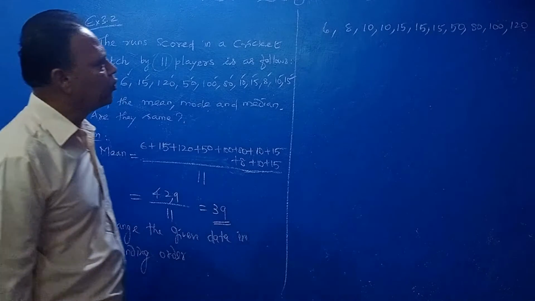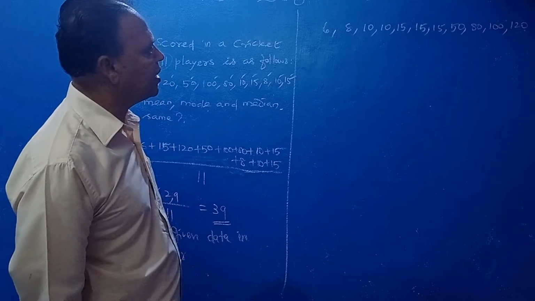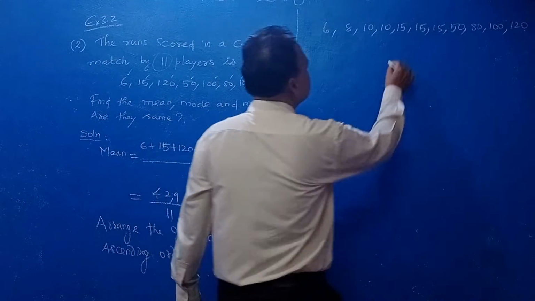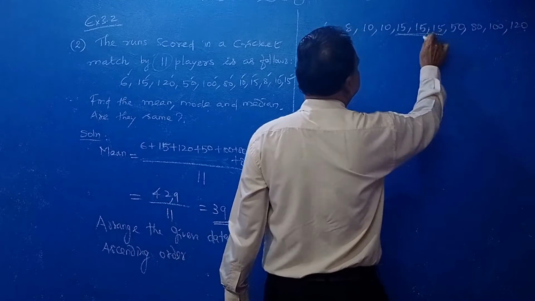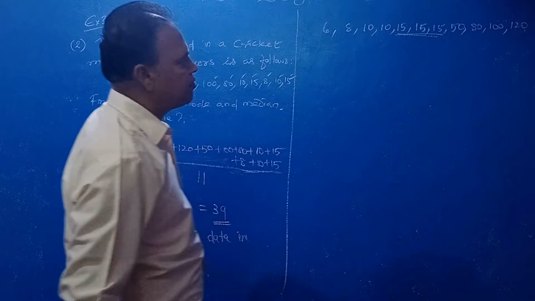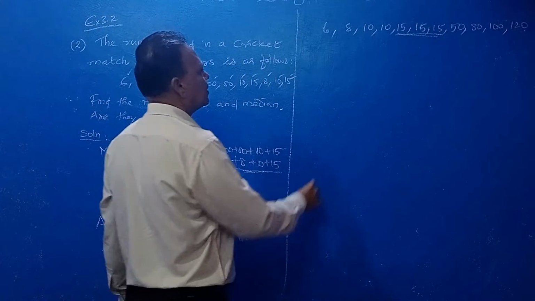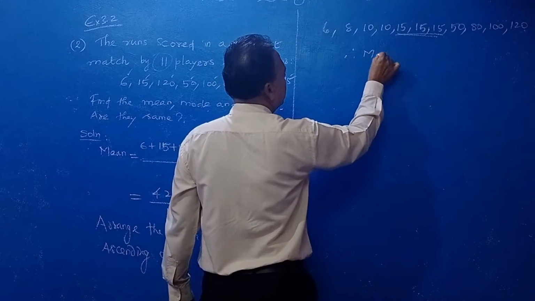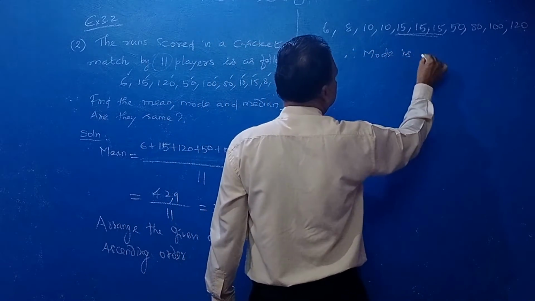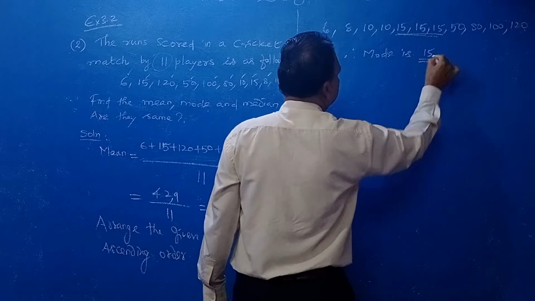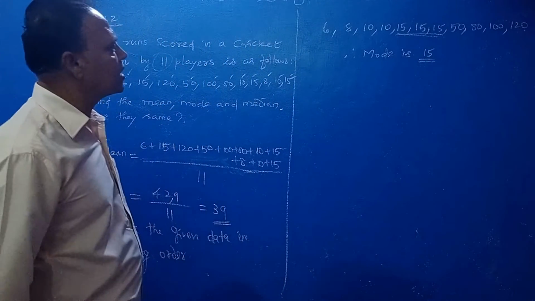Now you find out which data occurs the most number of times. 15 is occurring the most number of times. That is 3 times occurred. 10 is 2 times occurred. Therefore, mode is 15. Now, what is the median?